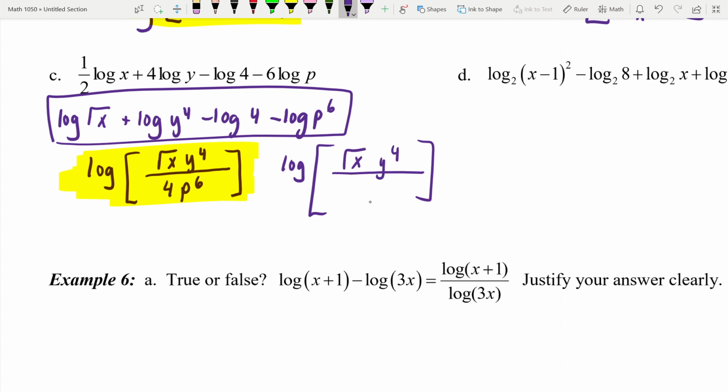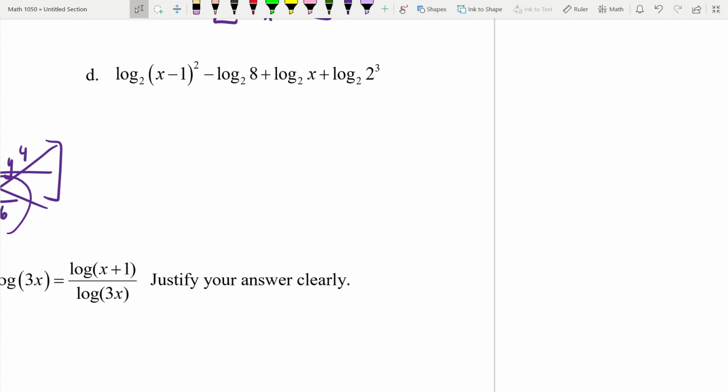It's on the top. The 4 is a negative. It's on the bottom. This p to the 6th is a negative. That means divide that by p to the 6th. Common. No. Just simple. Negative bottom, positive top. Done. Don't do this. Okay? It's not that. All right, let's do question D.